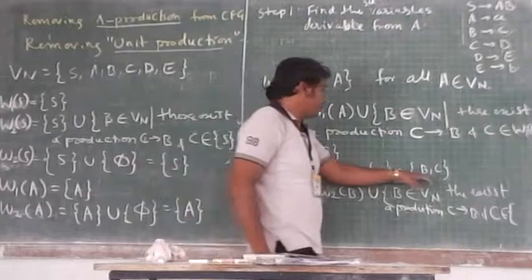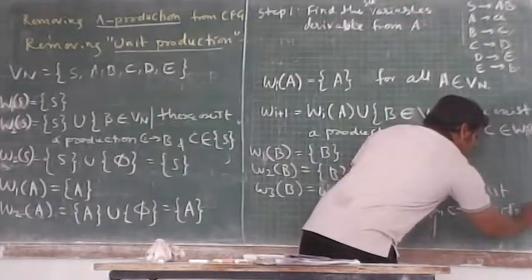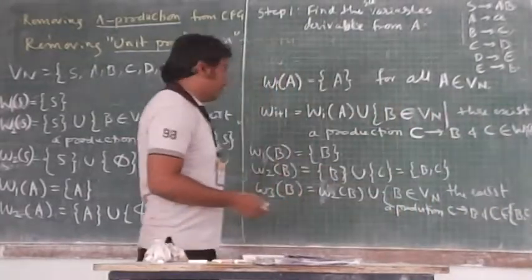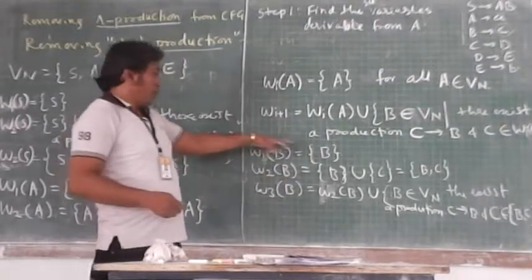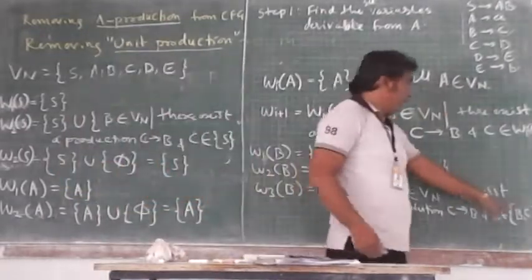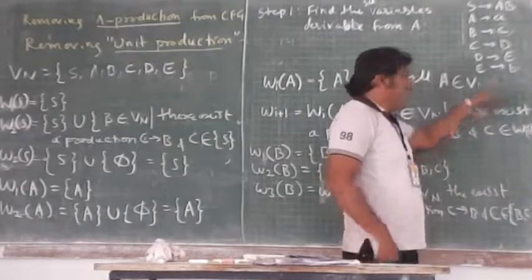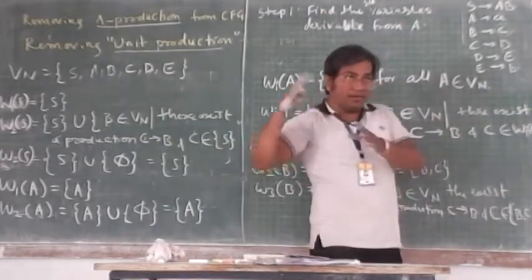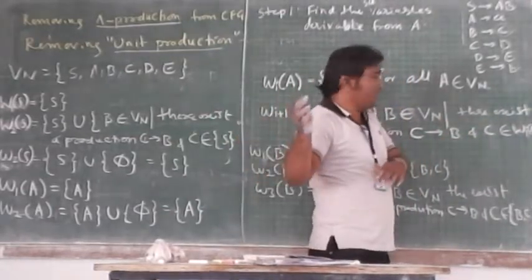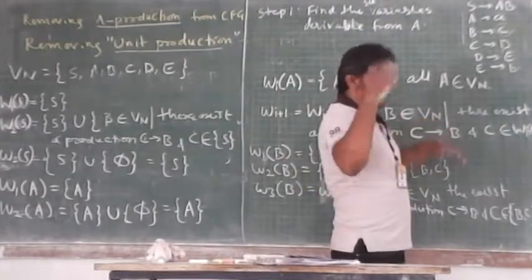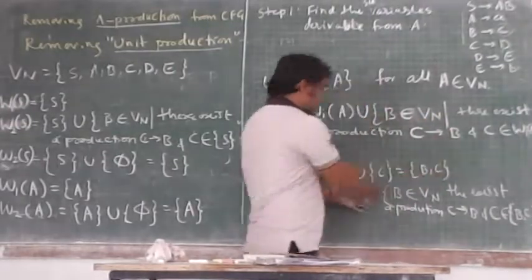What is W2B? BC. So C should belong to B and C, not only B. So go and search the productions for B and C, and see whether these productions have a single variable at the right hand side. If so, then that right hand side variable you include into it.